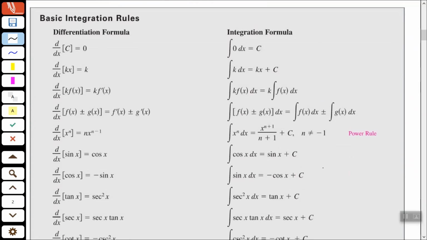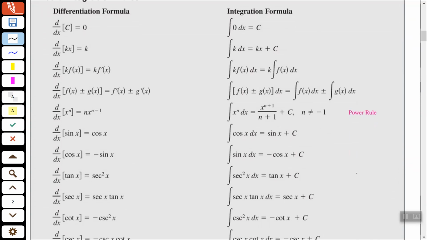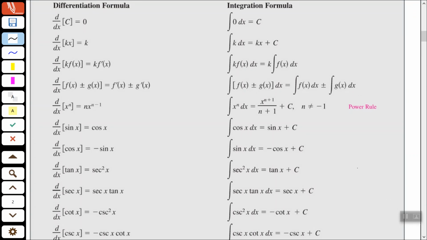All right, so some basic integration rules. We have a lot of them here. You can find these in your textbook. You can also find them online, but one of the basics is the derivative of a constant is equal to 0. Derivative of kx is equal to k, and so on. Well, that's differentiation. I'm sorry, we're looking at integration. The integration of 0 is a constant. We use c. So it's just the opposite here.